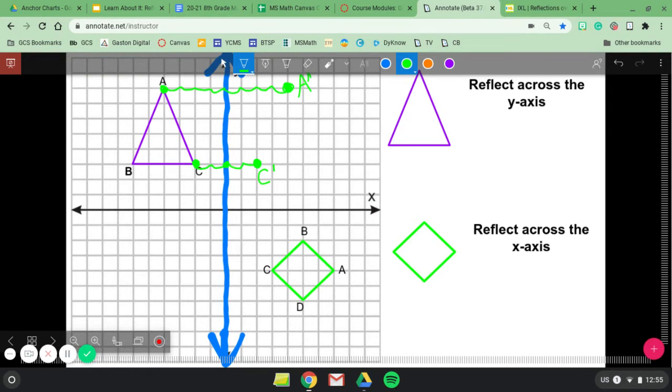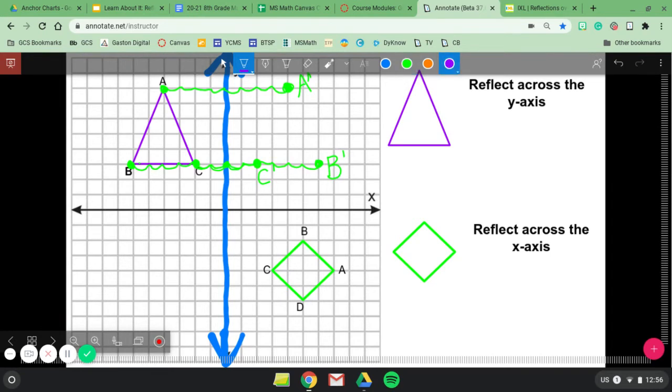And then the last point is B. Point B is 1, 2, 3, 4, 5, 6 units to the left from our line of reflection, so it's going to be 1, 2, 3, 4, 5, 6 units to the right. We're going to call that B prime.